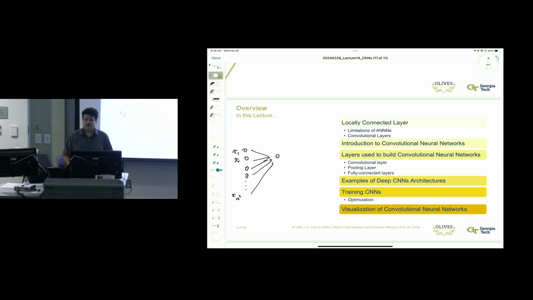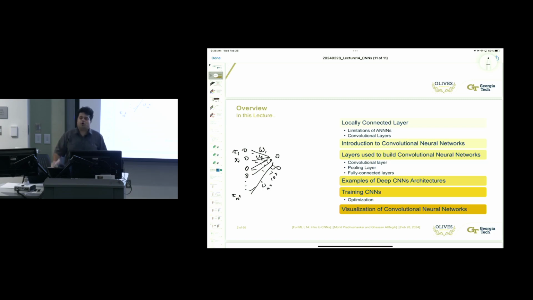So if there's 10 to the power 4 inputs, then basically the number of weights, W1, W2, will extend to W10 to the power of 4 for a single neuron. If I need a second neuron, then again, remember, it's a matrix, right? So all the things again will be connected to the second neuron as well. So it's another 10 to the power of 4 weights.